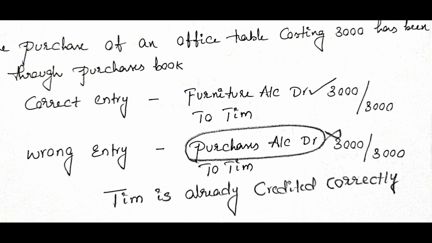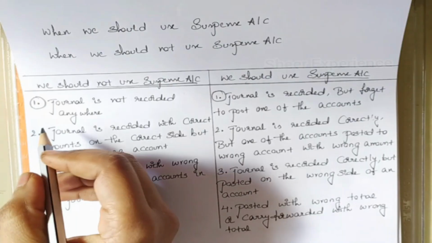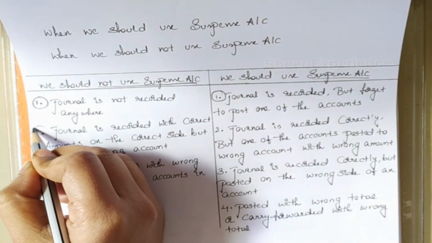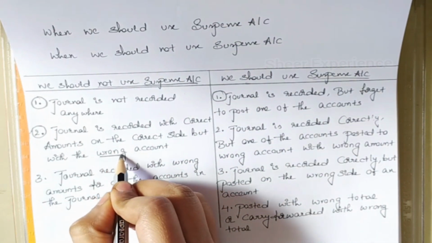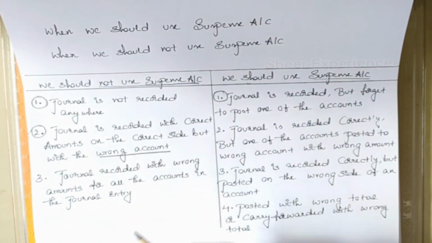So to nullify the wrong entry, we have credited purchases and debited furniture account because furniture is the correct account. In this case, journal is recorded with the correct amounts on the correct side but with the wrong account. So it has gone to ledger and trial balance. So we don't have to use suspense account here.